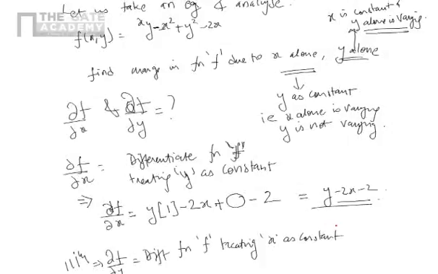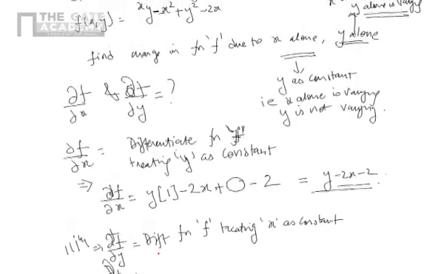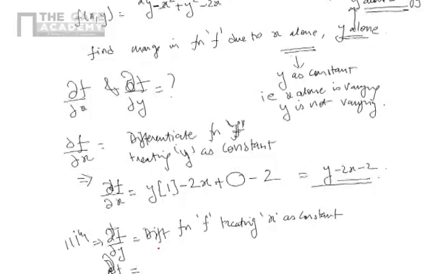When I do that, what do I get? dou f by dou y is equal to: xy on differentiation with respect to y will give me x, and x square is a pure x term, there will be no change due to y, so that will give me 0, plus y square is a pure y term, so that on differentiation with respect to y will give me 2y, and minus 2x is a pure x term, so that on differentiation with respect to y will give me 0, so the answer will be x plus 2y.